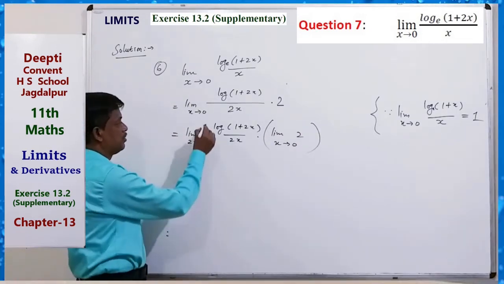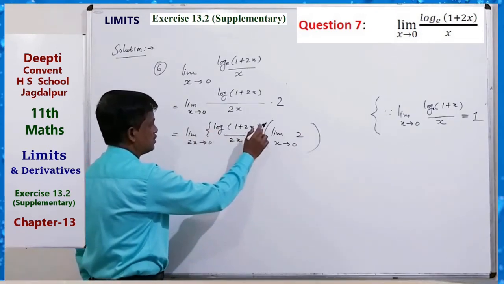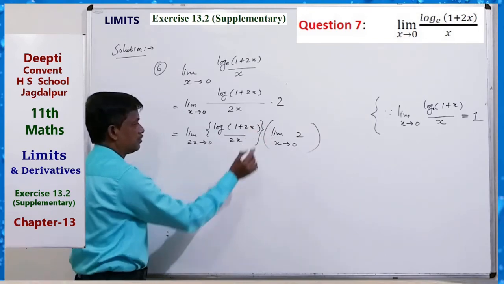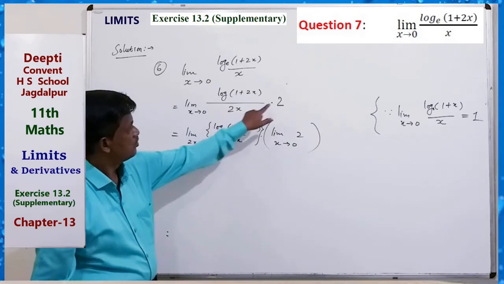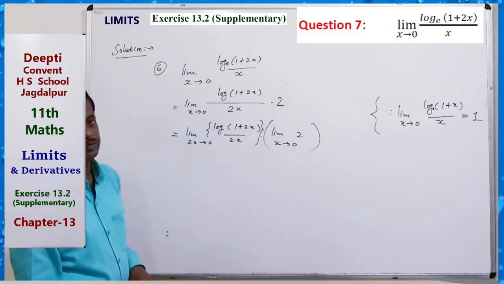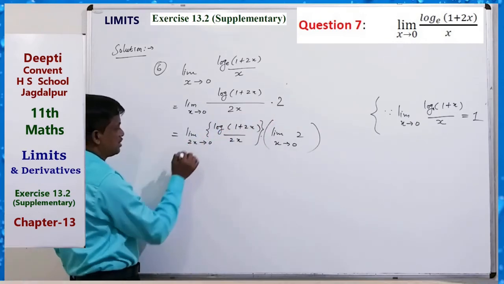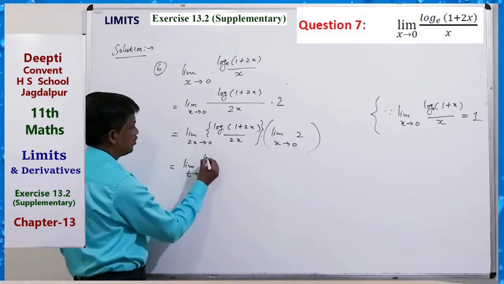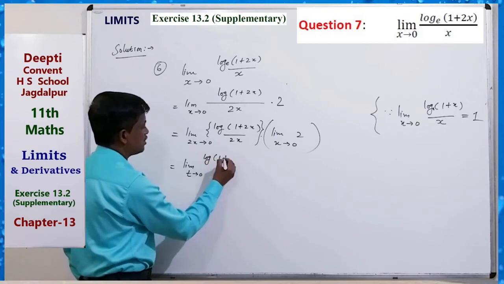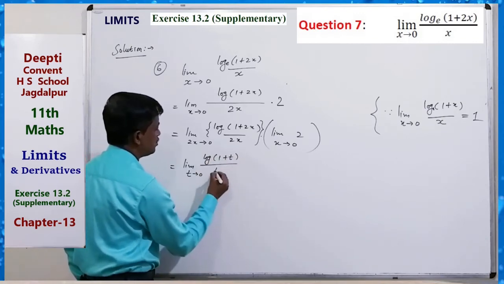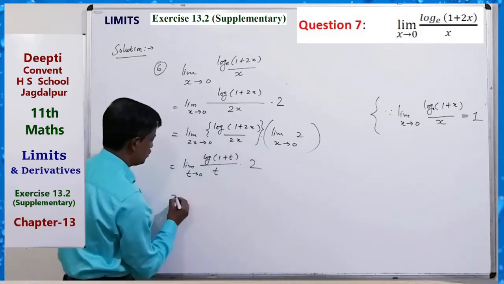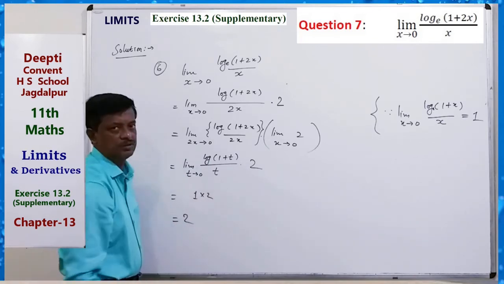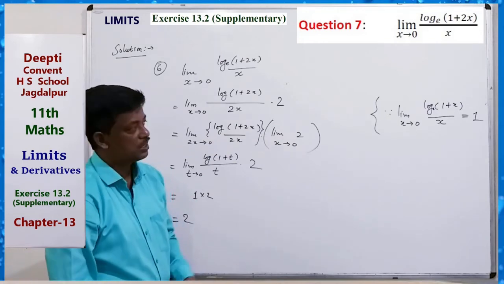Just multiplying numerator and denominator by 2. Now here 2x, so we can write limit t tending to 0 of log of (1 plus t) upon t, into 2. So 1 into 2 equals to 2. This is the formula, log of (1 plus x), where a single quantity should be there.